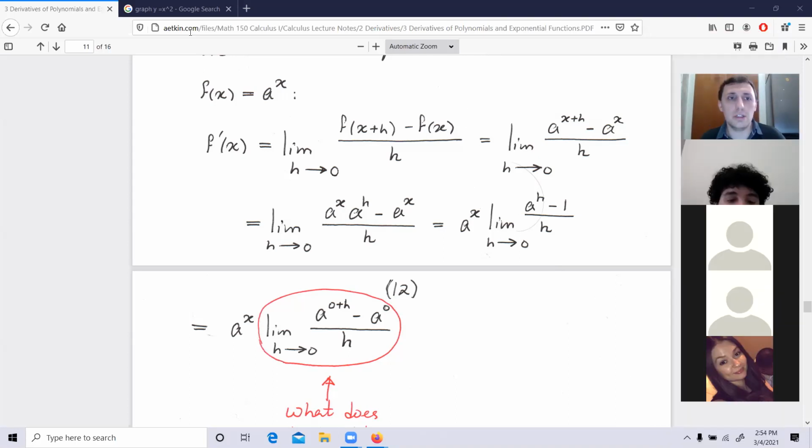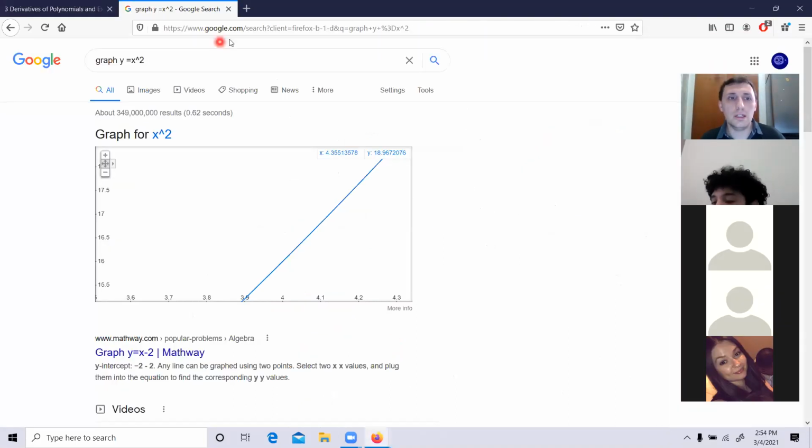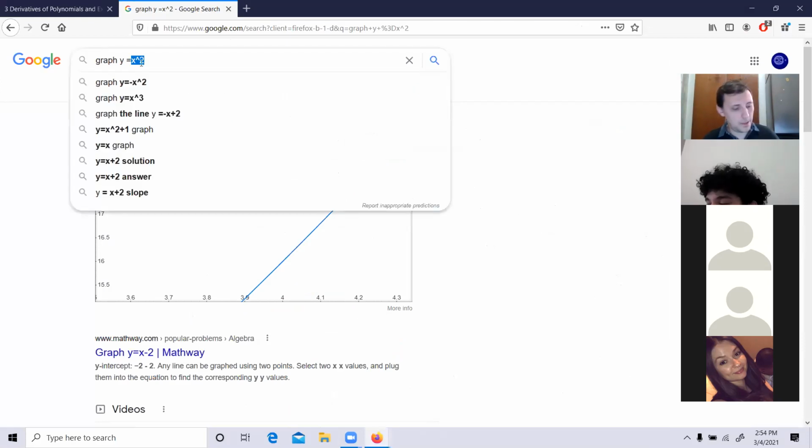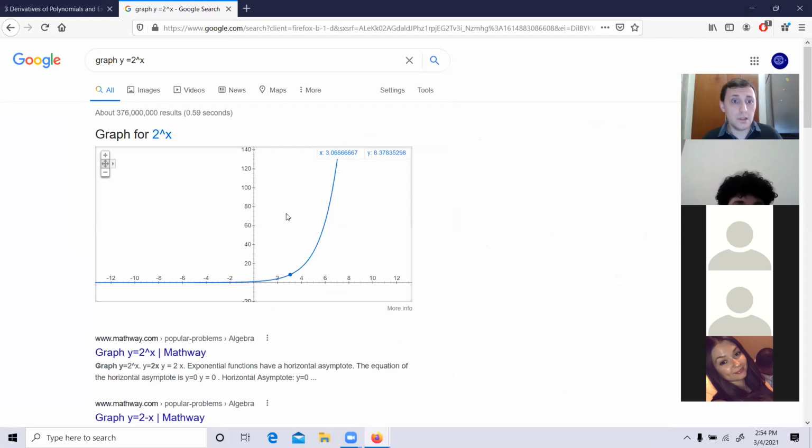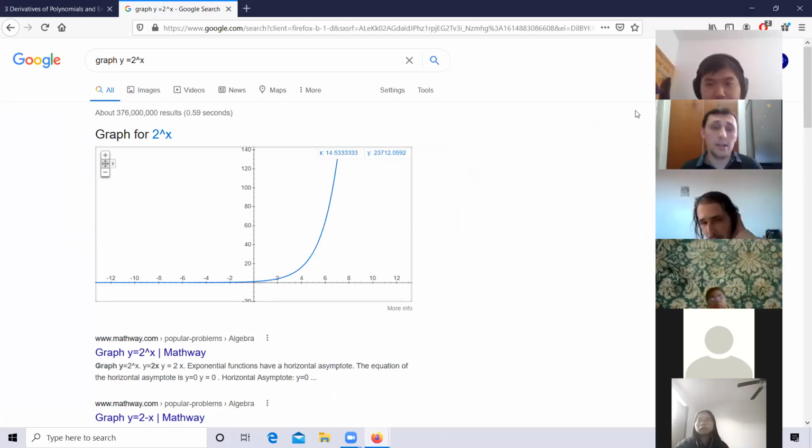Let me actually draw a graph for you and ask you, let's say there's something like this. This is the graph of 2 to the x. Could the number multiplying 2 to the x when I take the derivative be equal to 0? Could 0 be the number?